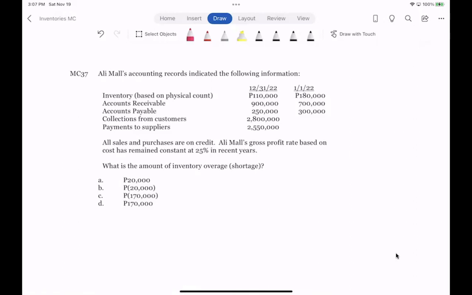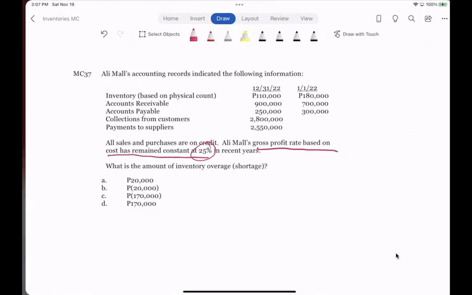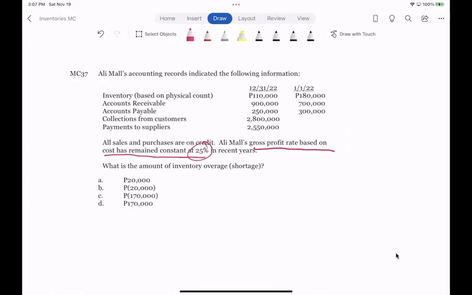All sales and purchases are on credit. Alimos gross profit on sale based on cost, so this is gross profit rate based on cost, has remained constant at 25%. Therefore, to compute for cost, you divide sales by 125%.